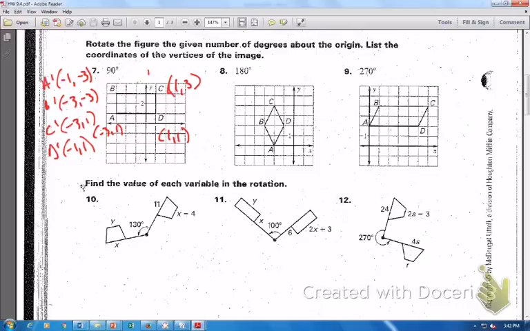Okay. Then we can get rid of these points here. We have our new coordinates. A prime is at negative 1, negative 3. B prime is at negative 3, negative 3.